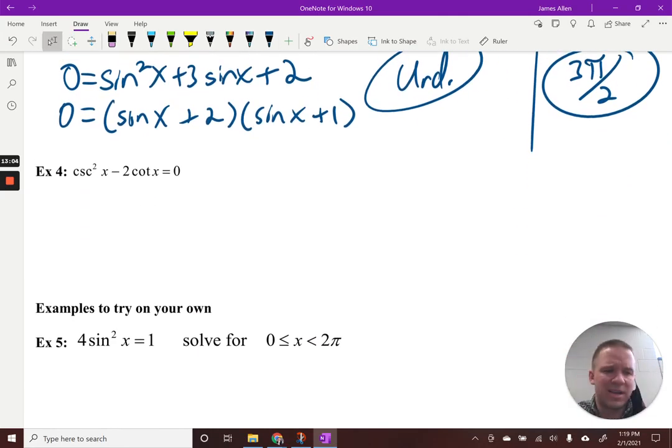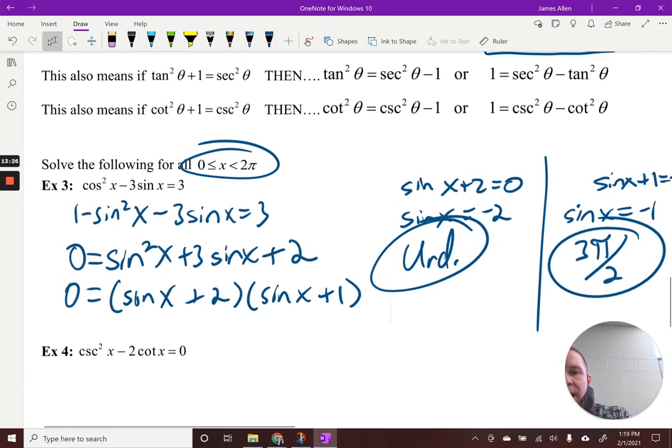Man, I love these. It's like a whole other level of solving. All right. So I've got cosecant squared of x minus 2 cotangent of x equals 0. I want to get it into the same trig function when possible. I can't, other than cotangent being cosine over sine, that still doesn't get into 1. That actually adds another one to the mix.